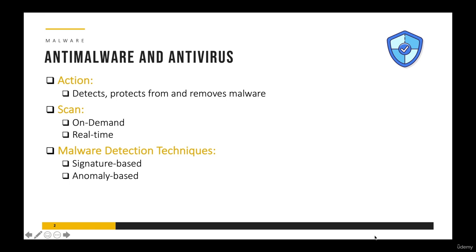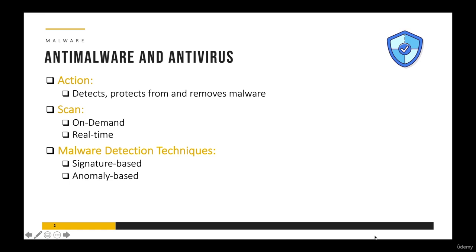The second type of malware detection technique is called anomaly-based detection. Now this technique does not rely at all on signatures. What it does is that it creates a baseline of the normal behavior of your system. So it creates a pattern of normal usage, which means that it knows which operating system files are normally loaded in memory, what services are usually running, and which segments of the registry are modified as part of a routine process.